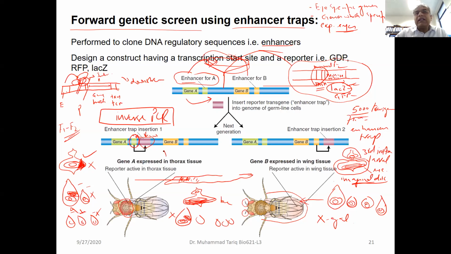You now take this enhancer, clone it in a transgene with, let's say, luciferase or GFP, and make transgenic embryos, again through pole cells. Or you can put this construct in fruit fly cells. This will be quick.